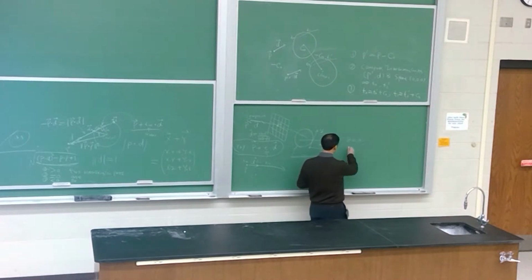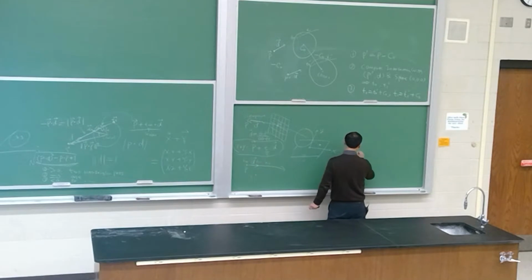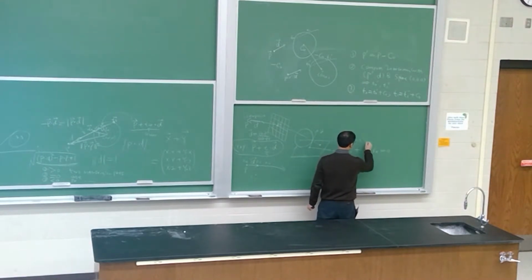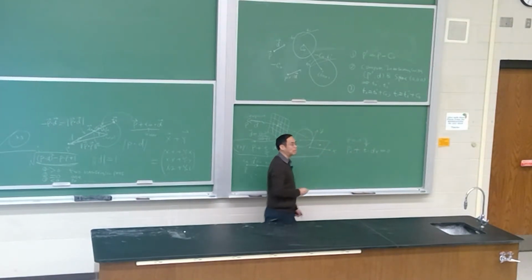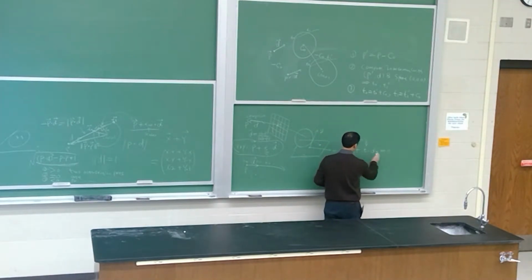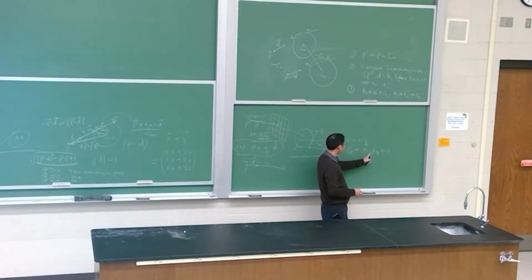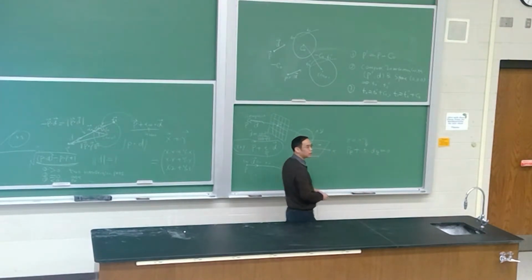That's because the z component of P plus t times the z component of D equals 0, because z is 0.